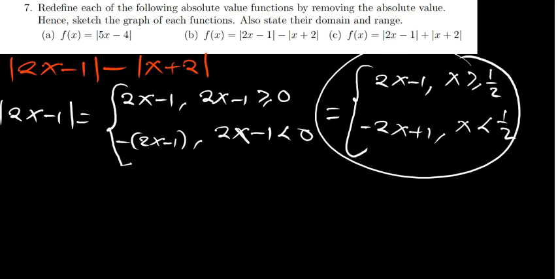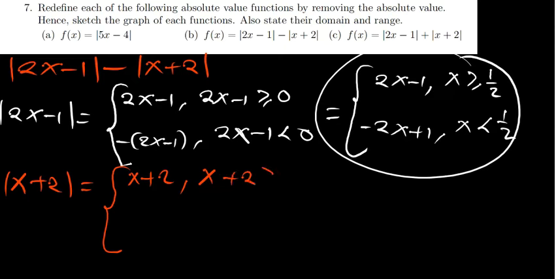Then the second part, which is x plus 2. To redefine this, for x plus 2 I'm multiplying by a positive when it is greater than or equal to 0. Next, I multiply by a negative when x plus 2 is less than 0.